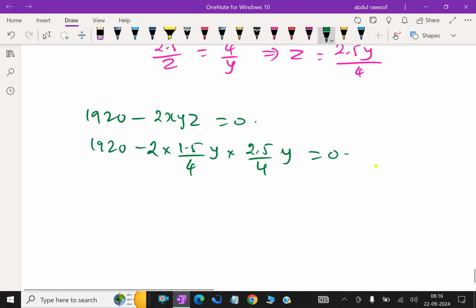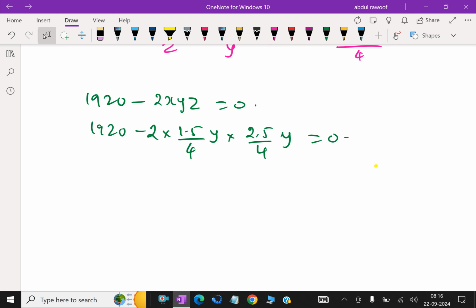So the equation becomes 1920 minus 2xyz equals 0. Therefore, we have 2 into 1.5 over 4, 2.5 over 4.